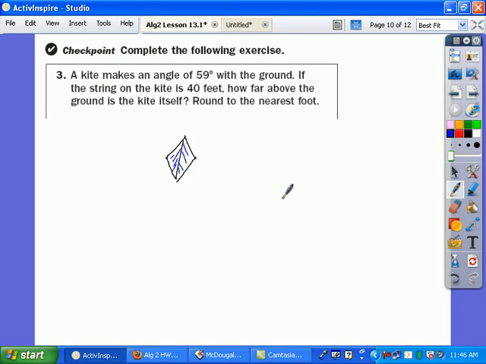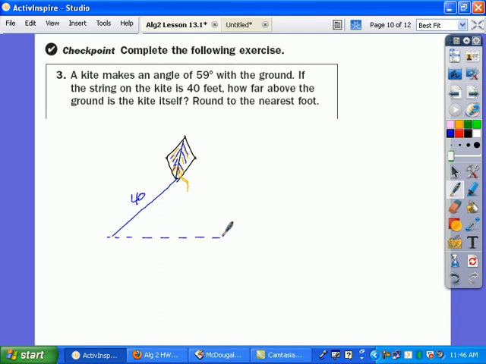I hope they still look kind of like that. Back when I was a boy, that's how kites looked. Anyways, the length of the string is 40 feet, and the angle with the ground, so here's our ground, is 59 degrees. And we want to know how high off the ground this actually is.